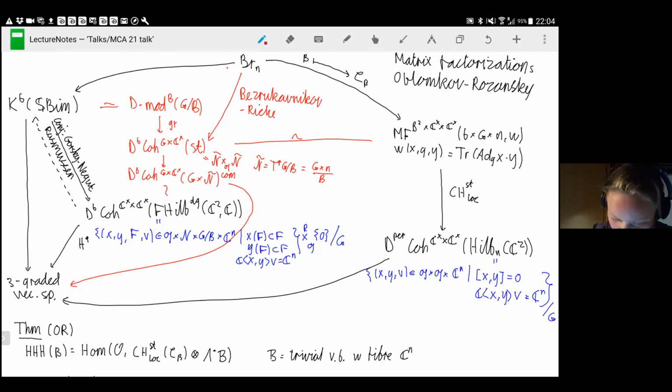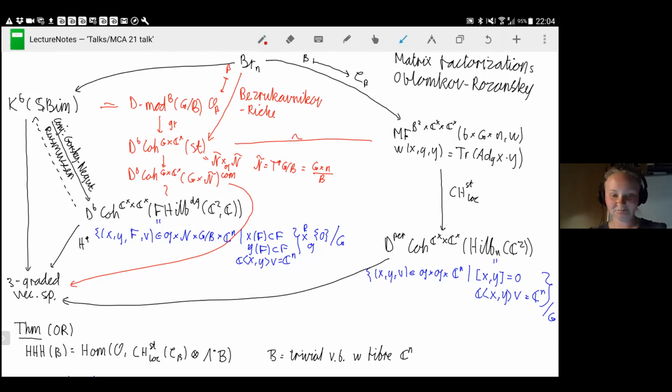So here, if my matrix is better, I'll write the image of this as O beta. All right, so the upshot of my entire talk is this triangle.